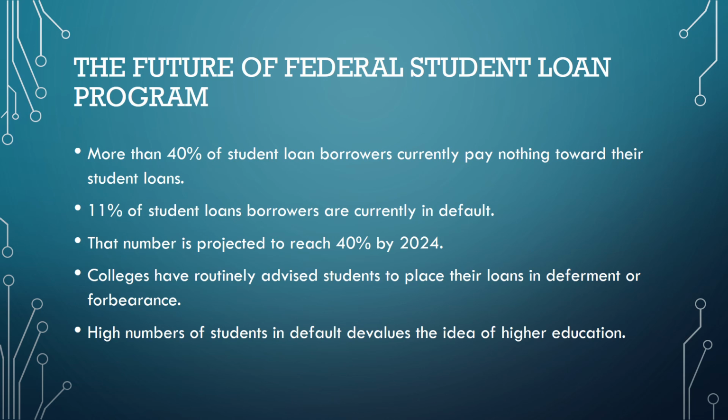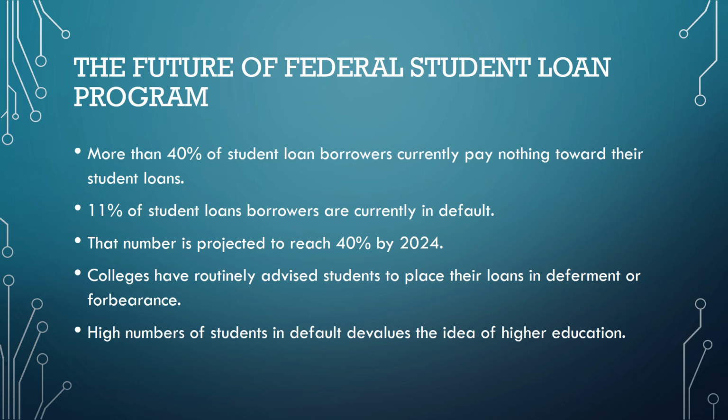Colleges have routinely advised students to place their loans in deferment or forbearance. The trouble with this practice is that students are only allotted a certain amount of time to have their loans in deferment or forbearance. While forbearance options are great for students experiencing hardship because they allow the student to not make payments and the interest does not accrue, the time allowed for forbearance is very limited.